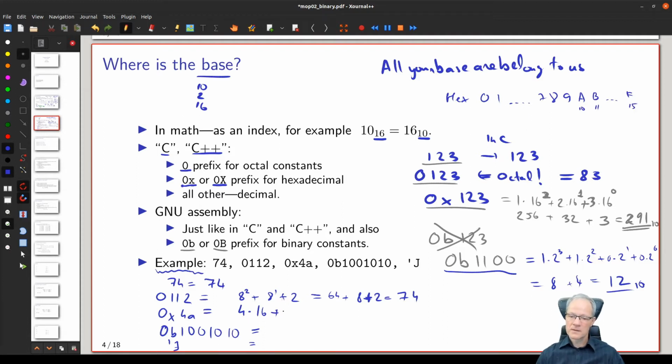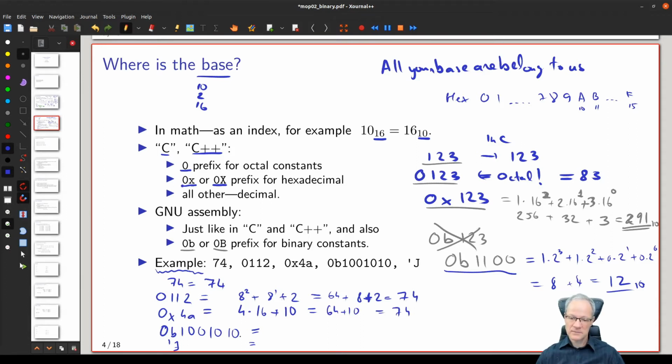Okay? So therefore A is the same as 10. So again, 4 times 16 is 64. 64 plus 10 is again 74. It's like magic, same value, right?